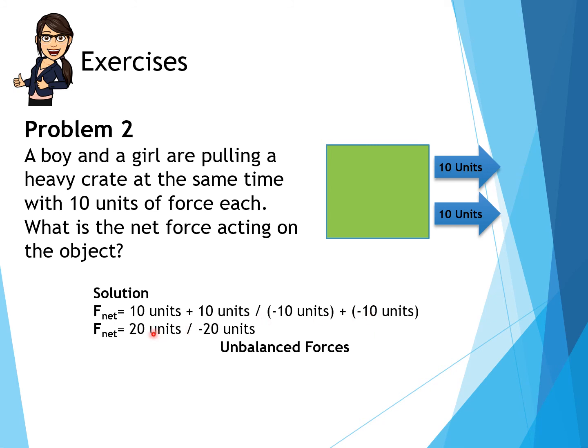The answer will be, for both positive, 20 units, and for both negative, negative 20 units. As you can see, the net or unbalanced force is not equal to 0. That's why they are unbalanced forces. Okay? Next exercise.